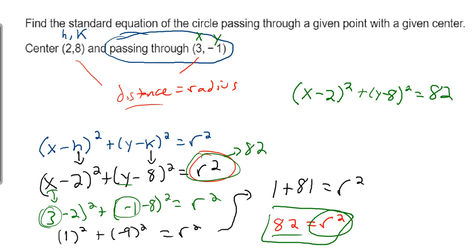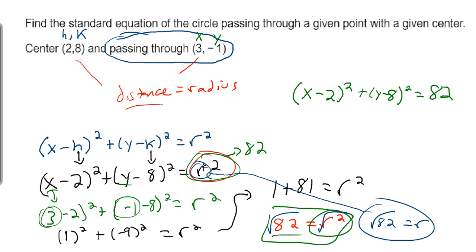If you don't like that, so some students are kind of like, that doesn't feel right to me. It doesn't make sense. You can proceed further. You could say, well, I have r squared's 82, so to find r, I take the square root of both sides, right? So you get r is equal to the square root of 82. You plug that in for r, but what's going to happen?